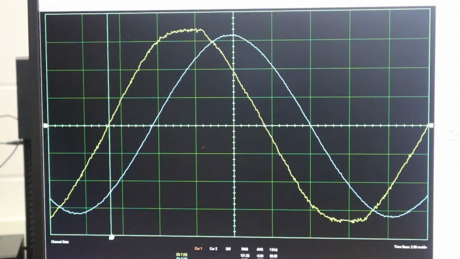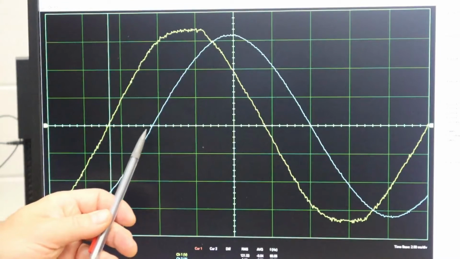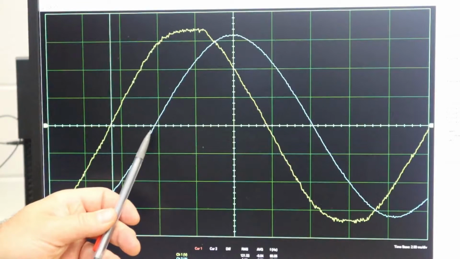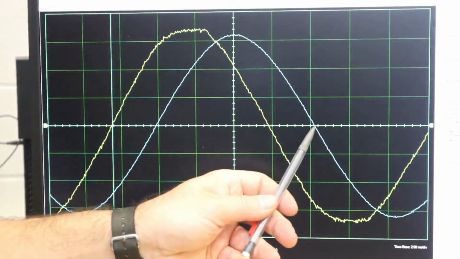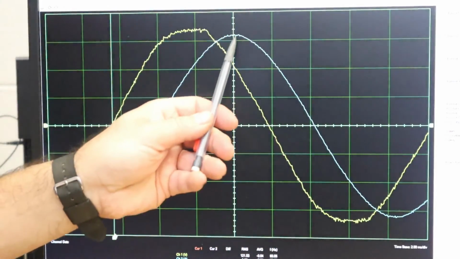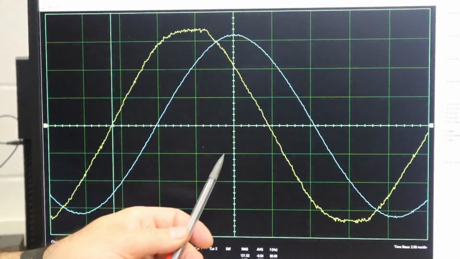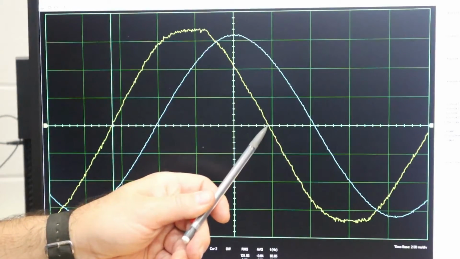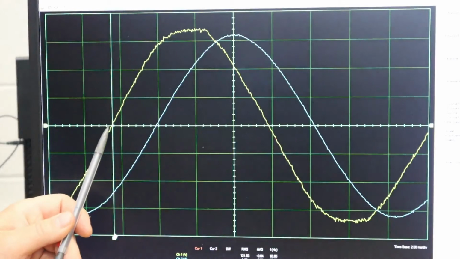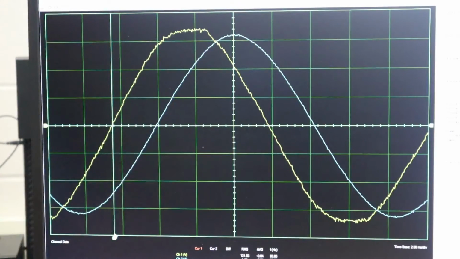I can take the current waveform, and I'm trying to put it equally in the middle here because this represents 180 degrees. The center section represents 90. The distance from here to here, or conversely from here to here, is supposed to represent 56 degrees.